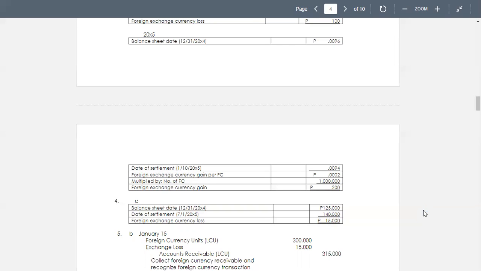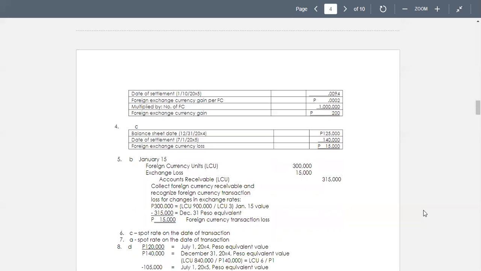Date of settlement is July 1, 20x5 of 140,000. So the foreign exchange currency loss is 15,000.